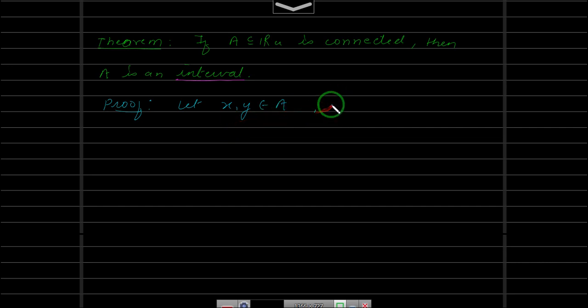Assume that x is less than y, and take any point z in R such that x is less than z and z is less than y. We have to show that this z belongs to A because A is an interval.